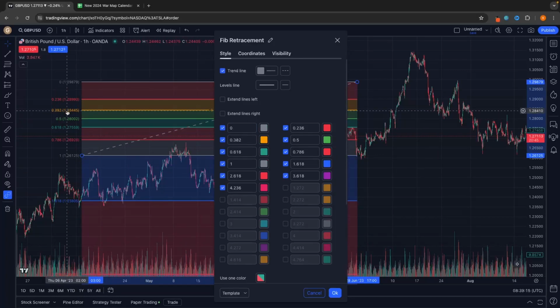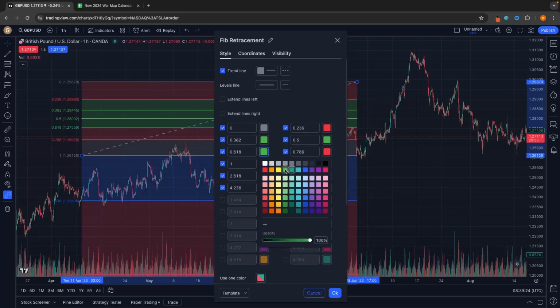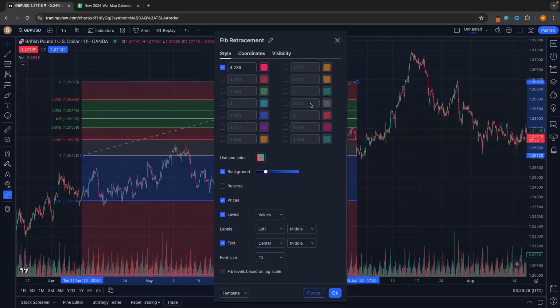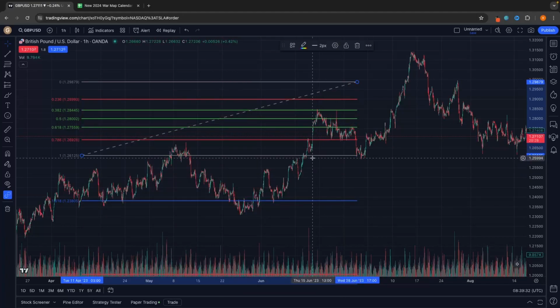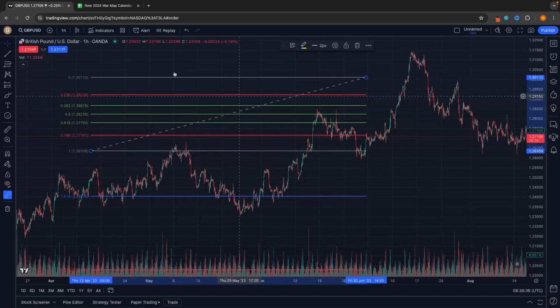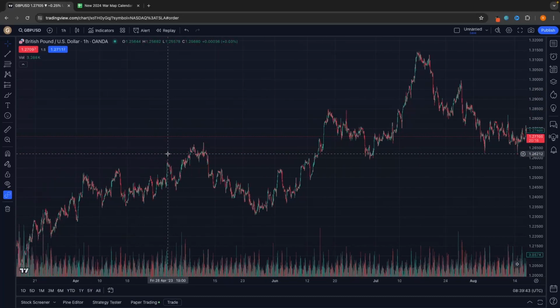Then we want to go for the 38 level right here, turn this to green. And then we also want to go for the 61 level and turn this to the lighter green. Then the final thing that we are going to do is go down and turn this background off to make this more visible and less clutter. And just like that, we now have our Fibonacci retracement and we can see the levels that we are actually going to look for.